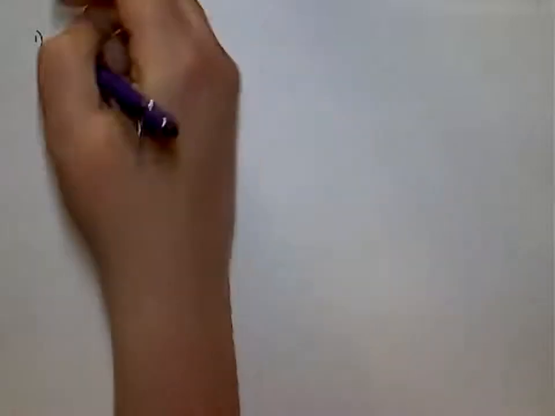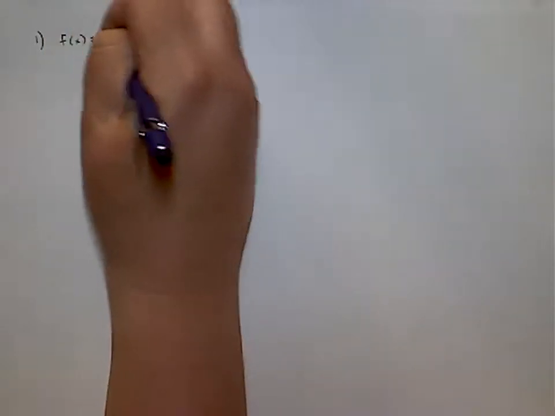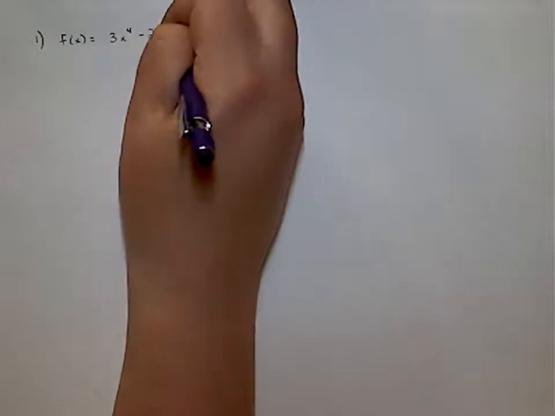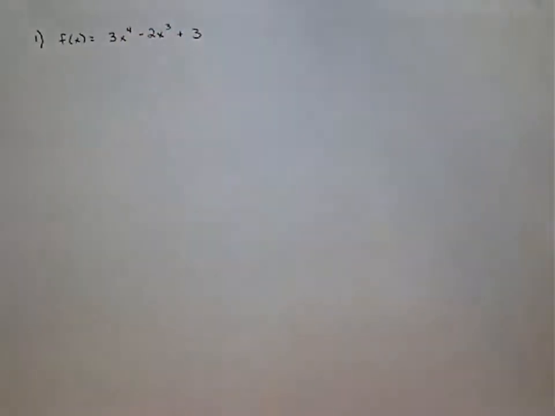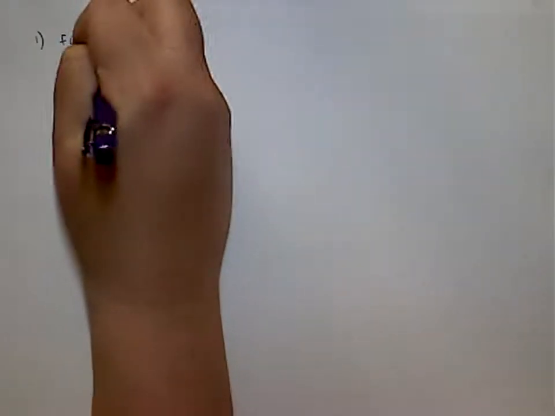Okay, so the first polynomial we're going to look at to determine the ending behavior of it and do the leading term test to it would be 3x to the fourth minus 2x to the third plus 3. All right, so we are going to identify first that leading coefficient.